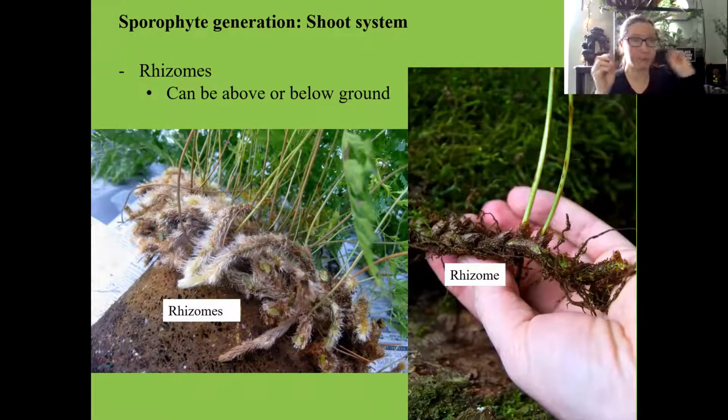Remember the name, the phylum is Polypodiophyta. Part of that comes from the way that the rhizomes look in some species. So remember, a rhizome is a horizontally growing stem, right? A stem that grows horizontally. In some fern species, sometimes the rhizome will be above the ground where you can see it with your eyes, and other times it will grow below the ground.